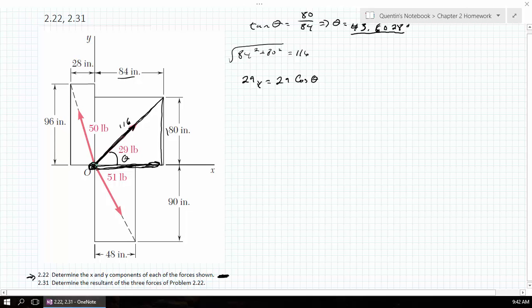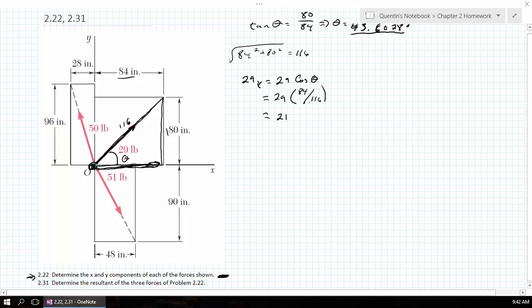So that is equal to 29 times 84 over 116. That works out to be 21. So the x component of that is 21. If you take the cosine of the angle, you get the same answer. To me, it's just easier to do it like this.